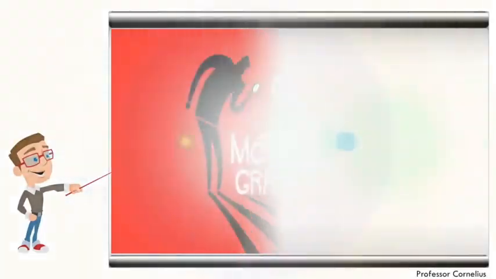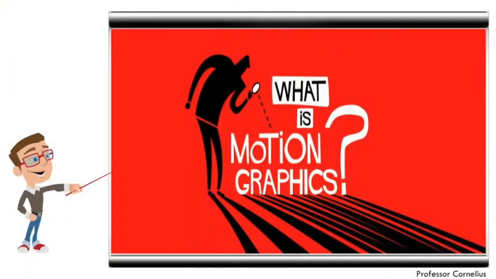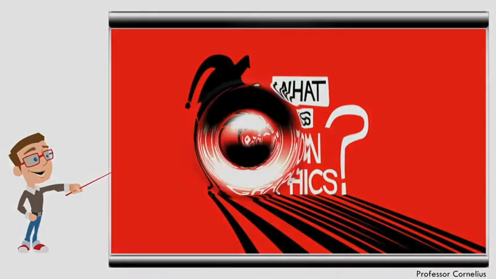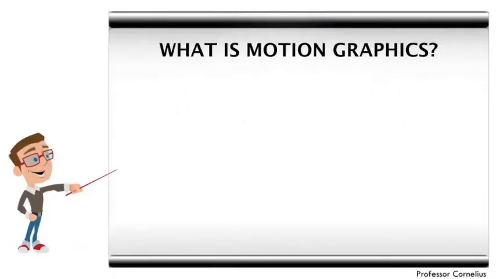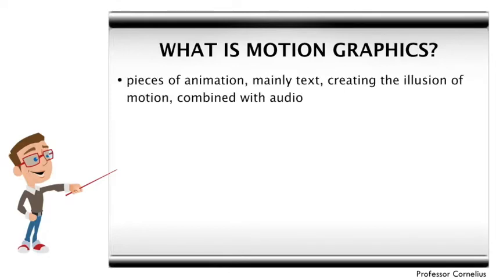What is motion graphics? Motion graphics are pieces of animation or digital footage with text as a significant component, which creates the illusion of motion or rotation, usually combined with audio for multimedia projects.